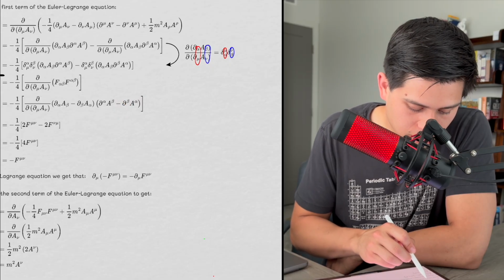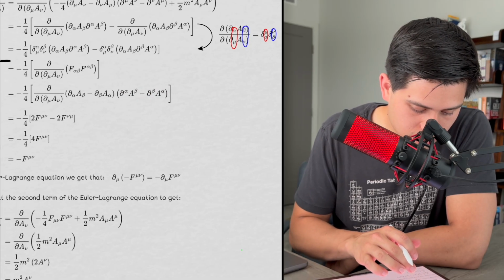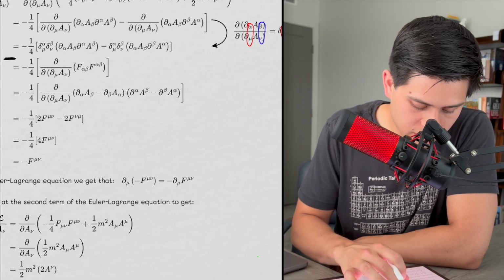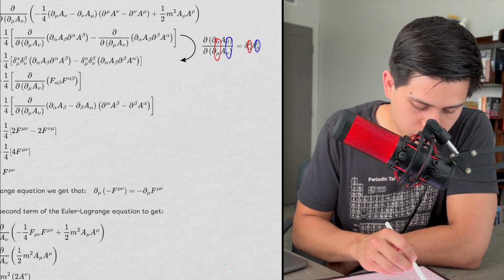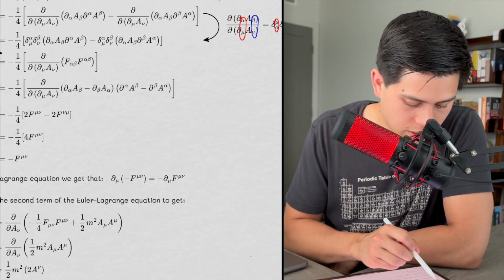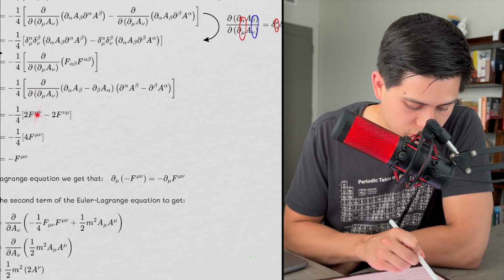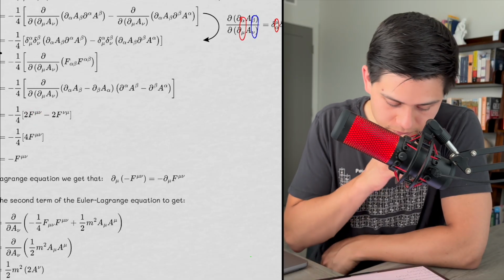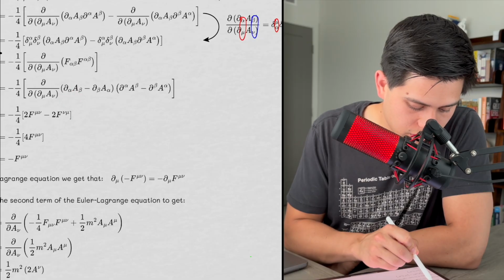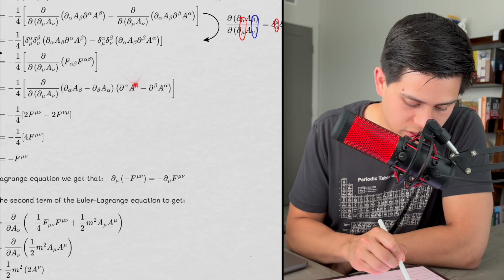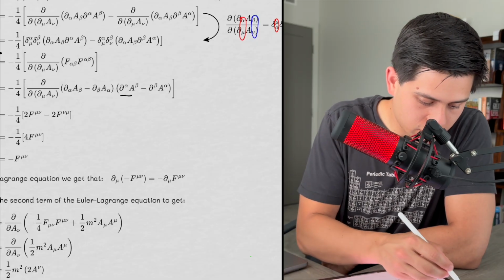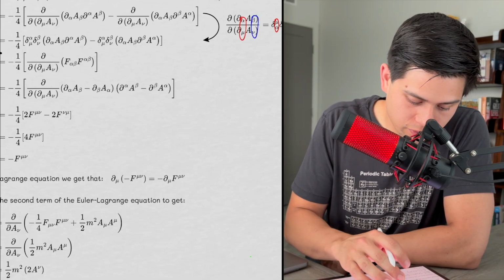Now that we have this prescription here, we can say that actually we don't really need to do that. We can just say this is 2 mu nu, because we have upper indices. These are going to be the upper indices. I'll do this in blue.